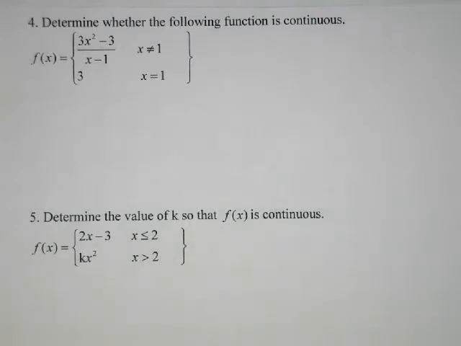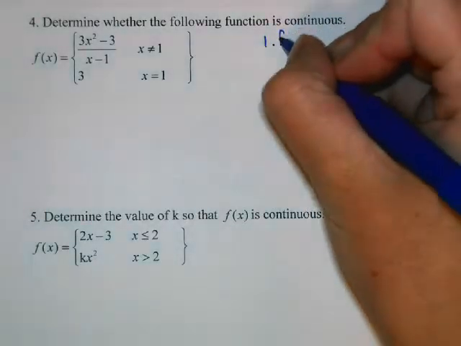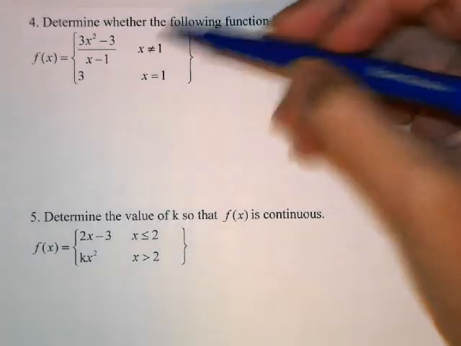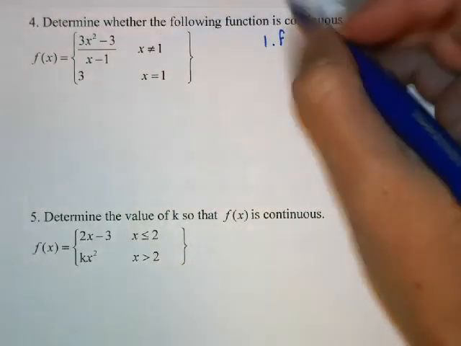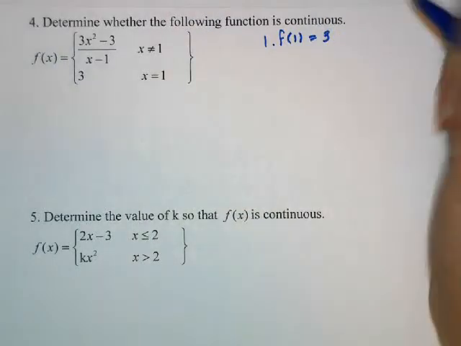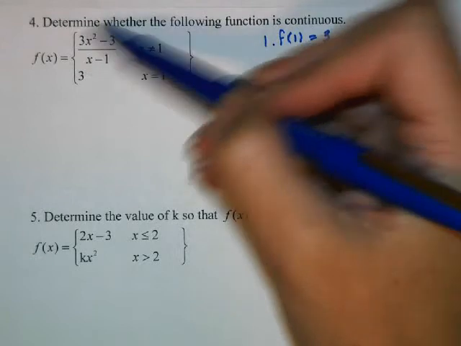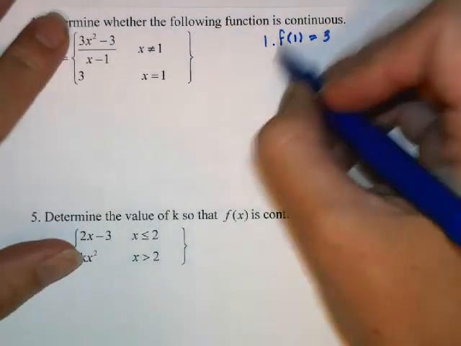Now we're going to determine whether the function is continuous. The first condition is, does f exist, and the only place this is going to be discontinuous is at 1. So f of 1 exists and is 3. Then we want to look at the limit as we approach 1. As we approach 1, we're looking at this piece here.